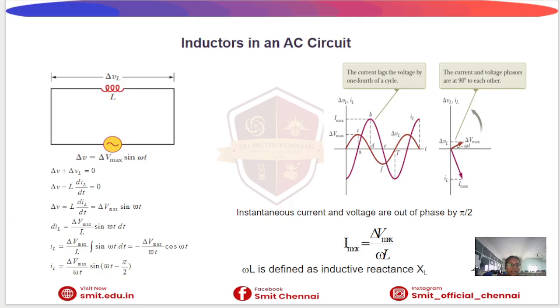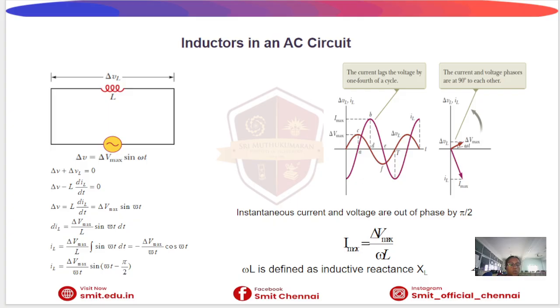In this circuit, AC voltage is applied to the inductor. So ΔV is equal to ΔV max sin ωt. Here, by applying KVL, the applied voltage is equal to the sum of all voltage drops. So, 0 equals ΔV plus ΔVL.